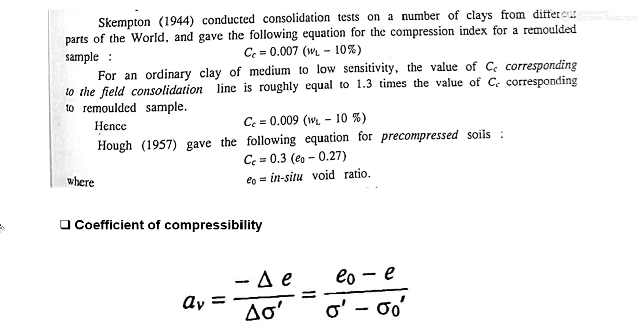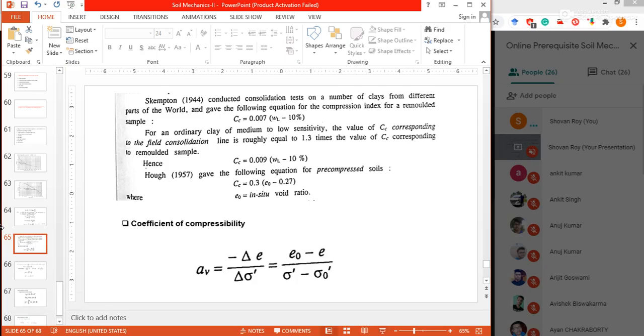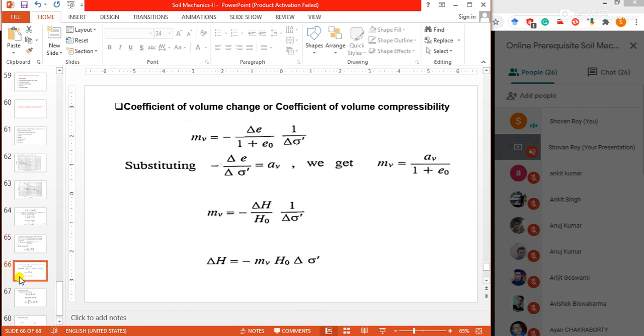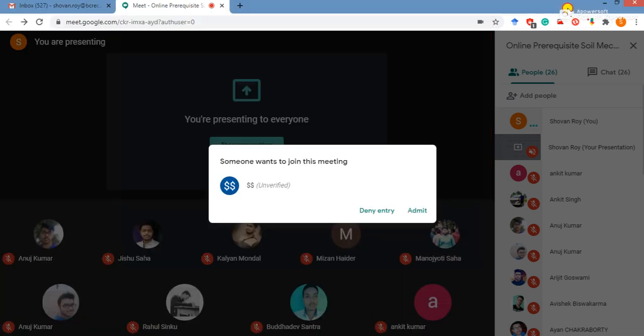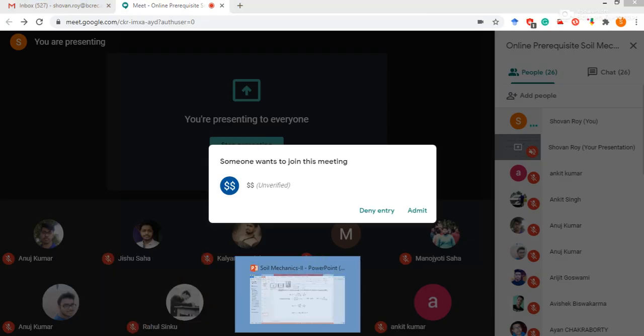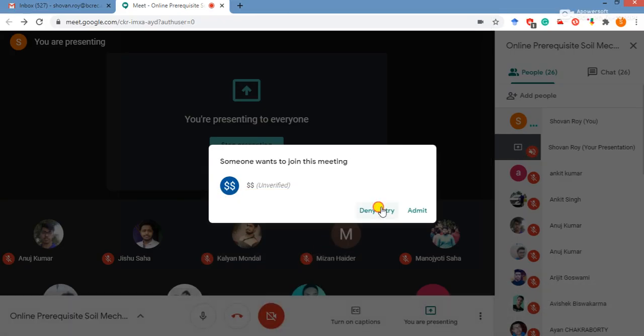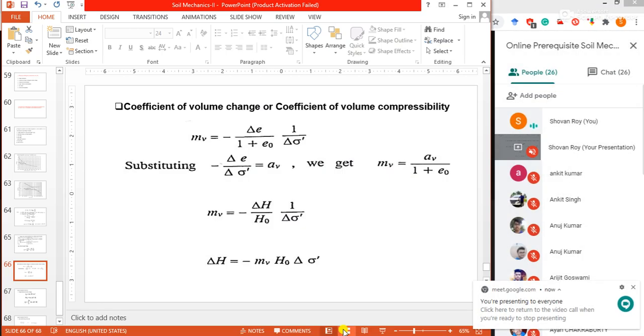Obviously, the coefficient of compressibility will decrease due to pressure increase. Next, after the coefficient of compressibility, another term is there among our compressibility coefficients, that is the coefficient of volume change or coefficient of volume compressibility.